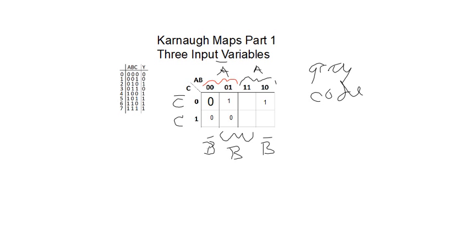The next one, all the rest of them happen to be 1s. I can just fill them all in, but the next row is 5. That's going to be 1, 0, 1, so that's the one right below that. And again, it's also a 1. And then my last 2 rows in the truth table are the remaining third column, where A and B are both 1.